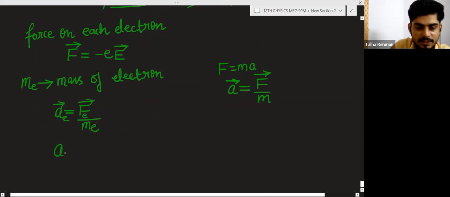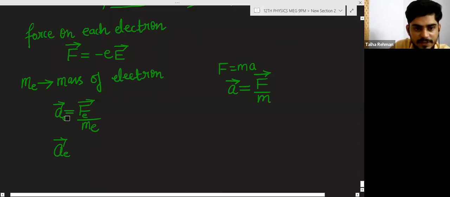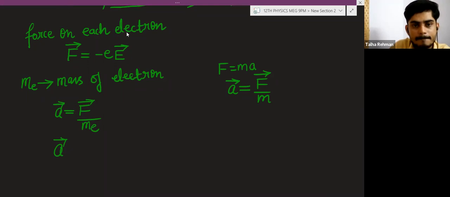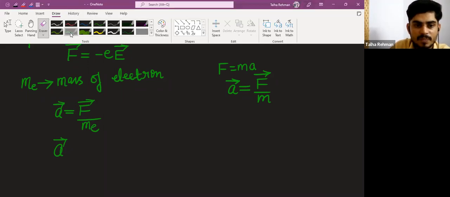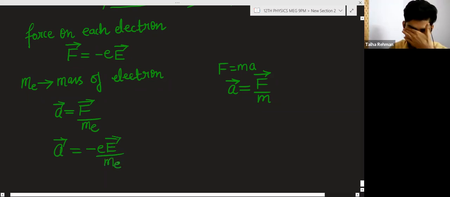I am just representing acceleration with A only and force with F only. And force is this minus eE, divided by mass of electron. This is equation 1.